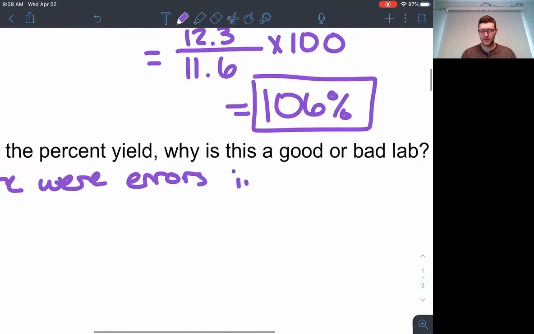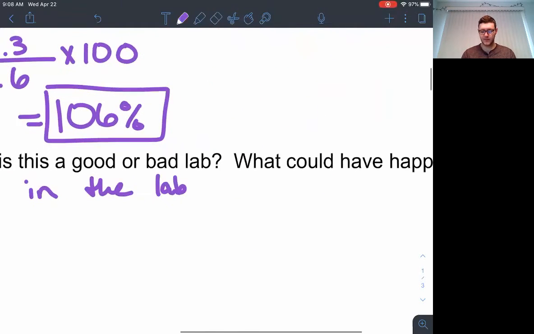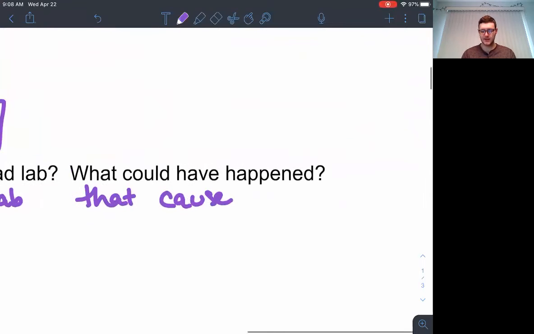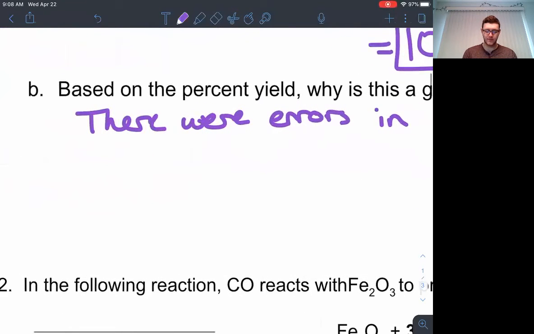There were errors in the lab that caused our percent yield to be greater than 100.